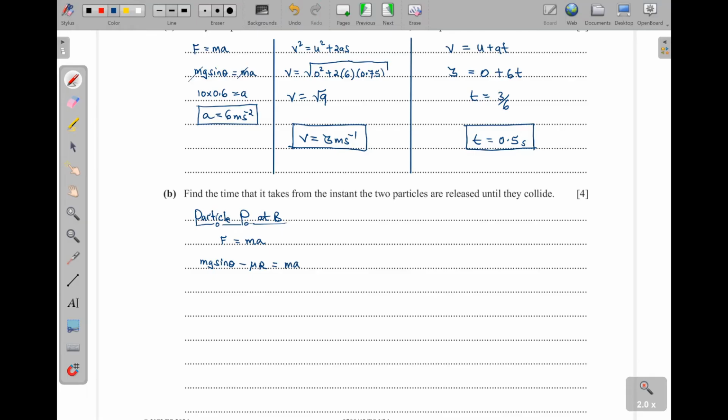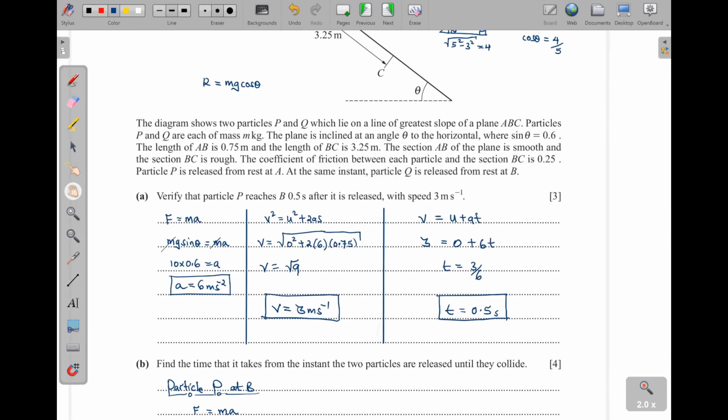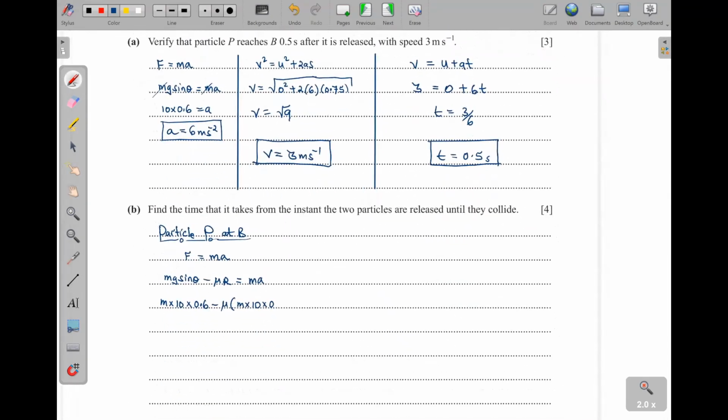Remember R is mg cosine of theta. So we have m times 10 times sine of theta, which is 0.6, minus mu R, which is mg cosine of theta, and cosine of theta we got up here as 4 over 5, which is the same as 0.8, and that is equal to MA. So M will disappear everywhere.